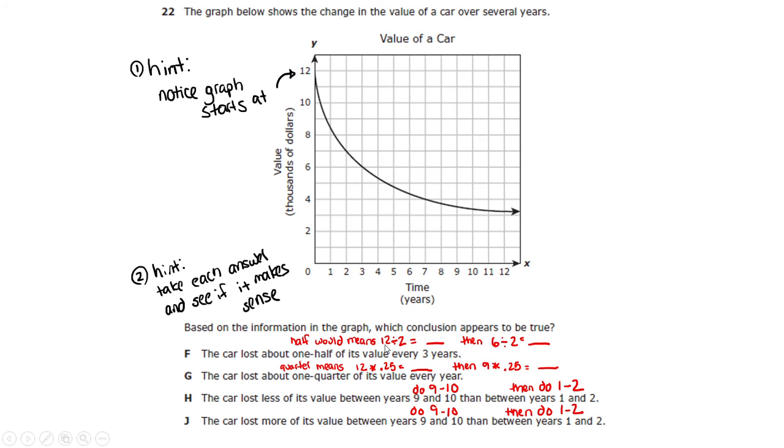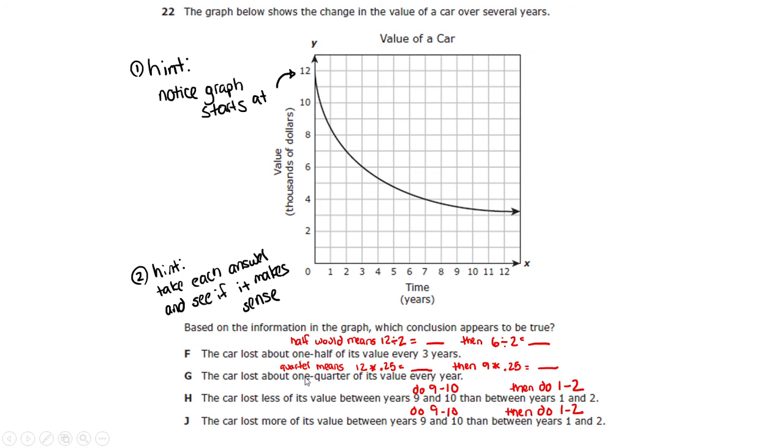So take half of 12, which is the same thing as dividing by 2 or multiplying by 0.5. Tell me what that number is. See if that's correct at 3. Then take 6 and divide by 2 or multiply by 0.5, and then see if that makes sense at 6. Okay, you could keep going on if you wanted to at 9 and 12.